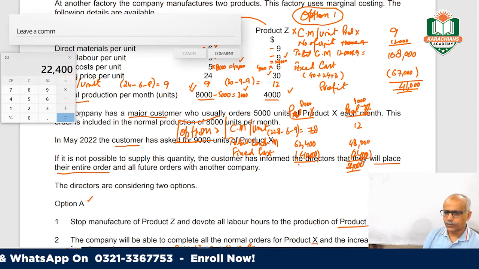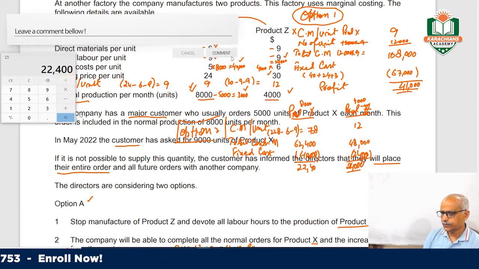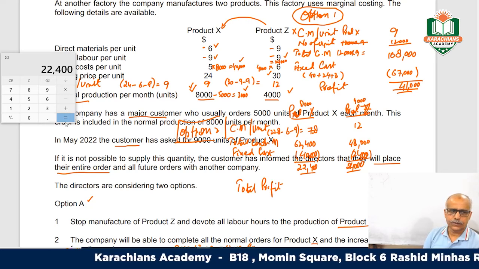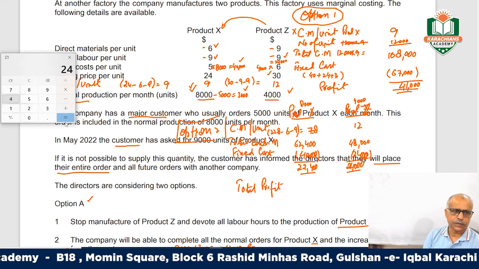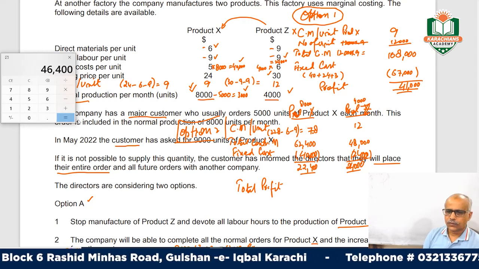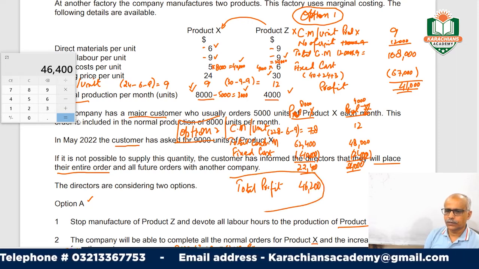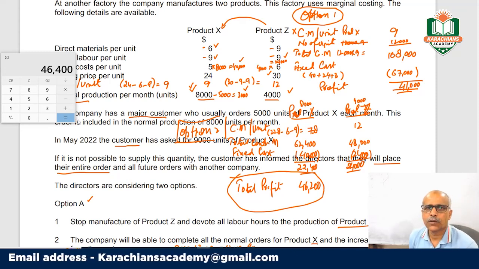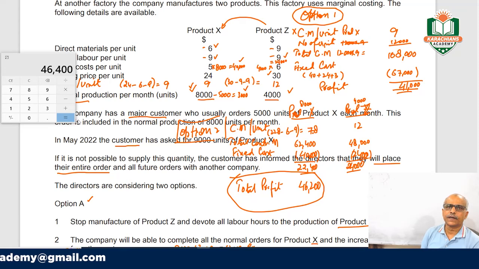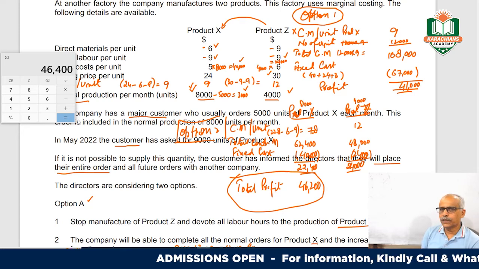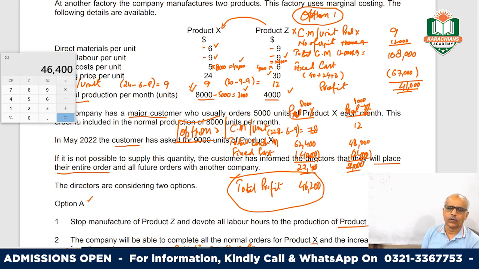So you will be earning a profit of 22,400. So the total profit you will earn is 46,400 under option B. Under option 1, they will be earning 41,000, and under option 2 or option B, they will be earning 46,200. So ultimately it is better to go with option B.